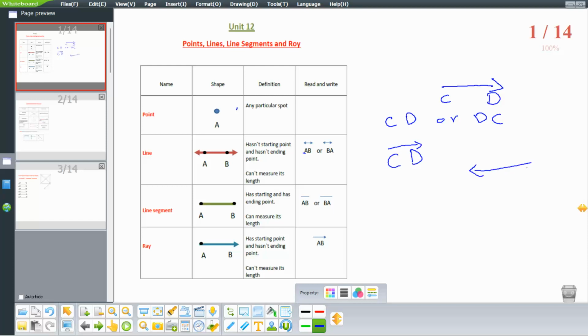Or if it was like this, this ray is EF. We can't say FE, it's wrong. Okay. If we have a line like this, we can read it as GH or HG.